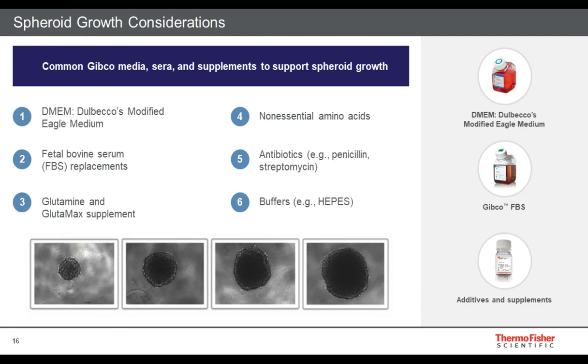Growing these in one of the formats shown on the previous slide is really all you need to do to get started for many cell lines, and also simply for aggregating and growing many cell lines.